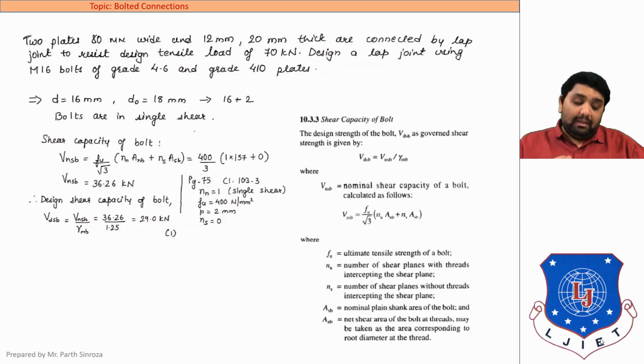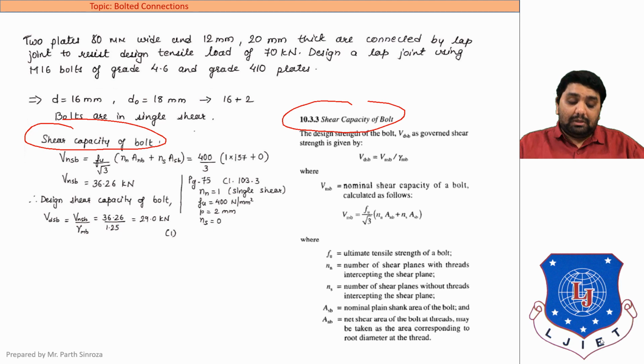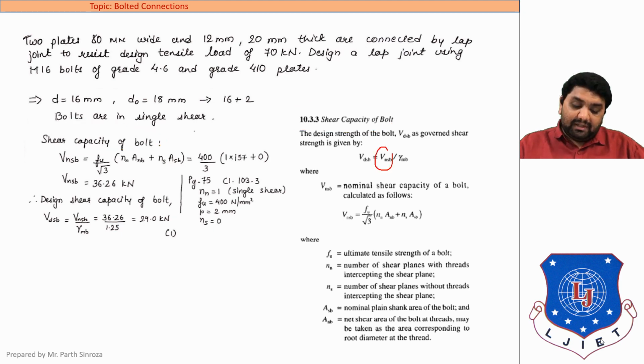So moving further, the first thing will be to find the shear capacity of bolt. As you can see here, according to clause number 10.3.3, the equation is VDSB equal to VNSB upon gamma MB. And VNSB is given here: VNSB will be equal to FU by root 3 times (NN ANB plus NS ASB).